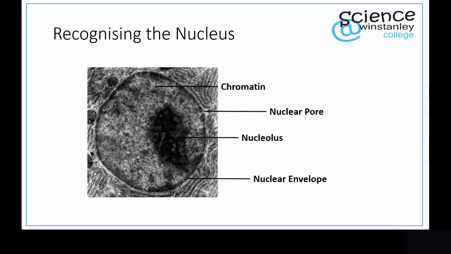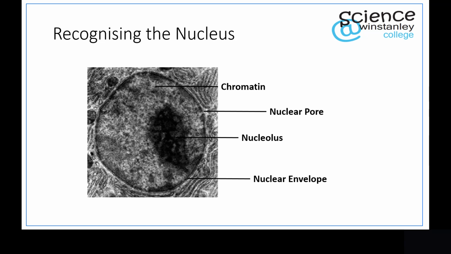So again, you can see the various components. You can see nuclear pores. You can see the darker nucleolus in the center. You can see the nuclear envelope and the chromatin inside. And like I say, where the chromatin is surrounded by these white patches, those white patches would be the nucleoplasm.